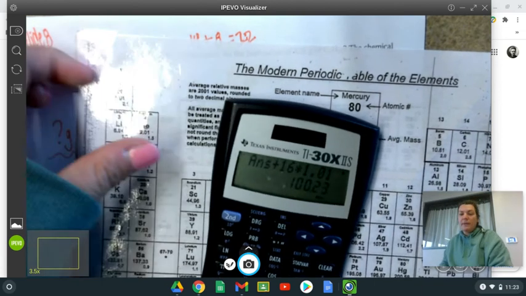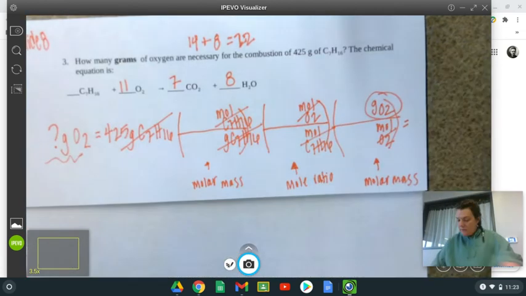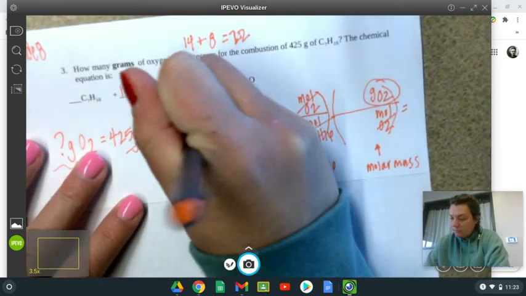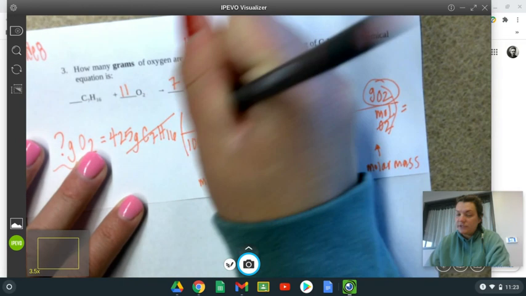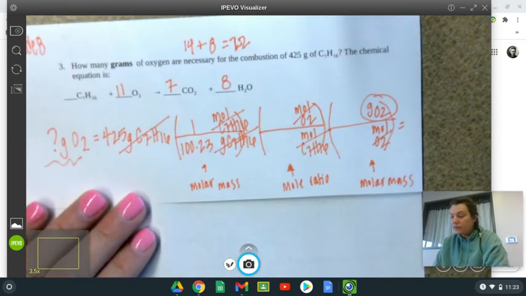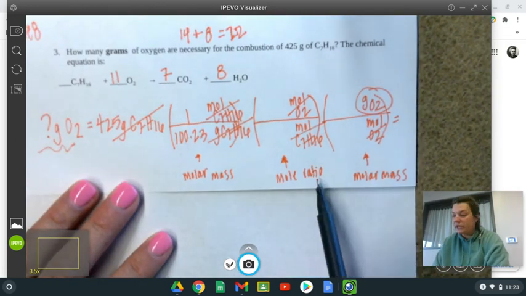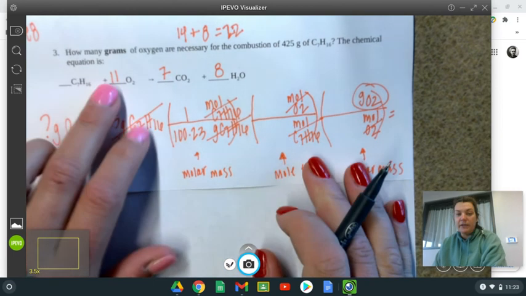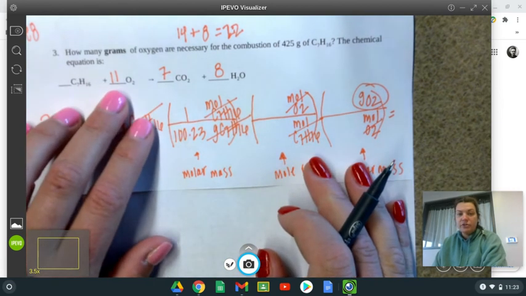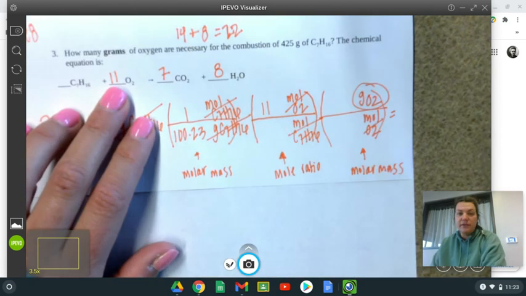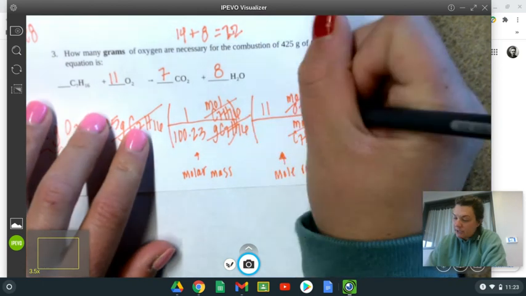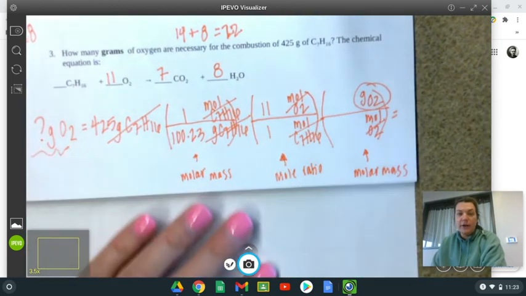So I'm getting the mass of this substance to be 100.23, and that's for every 1 mole. The only time that I don't use 1 with mole is when I look at the mole ratio. That's where I look at the balanced chemical equation. So there's an 11 in front of O2, so that gets 11. And then there's a 1 in front of C7H16, so that gets a 1.